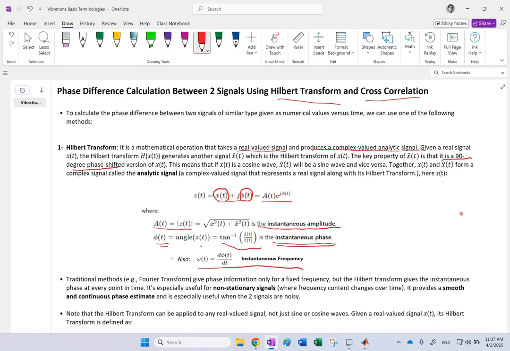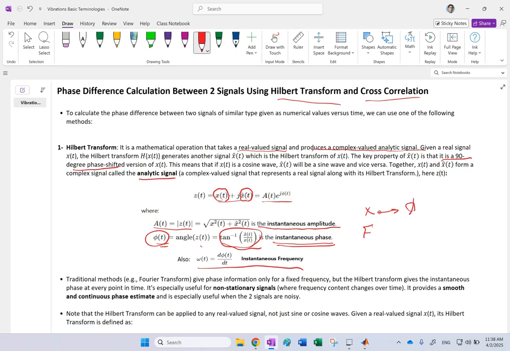So what's the use of that? How does it relate to what I want to do? Well, I have the X signal and I have the Y signal, or let's say in the case of vibrations, I have the F signal. And I pass both of these to the Hilbert transform. And using this formula here, once I have the Hilbert signal, the complex signal, which we also call the analytic signal, I can find the phase of each one.